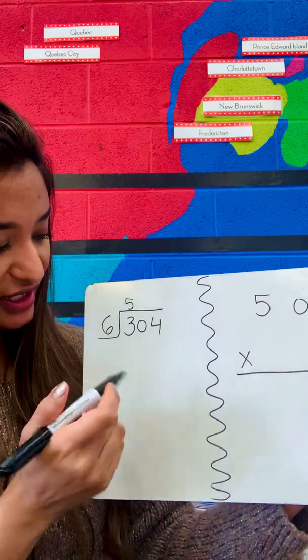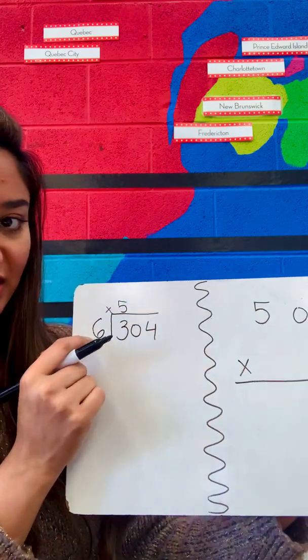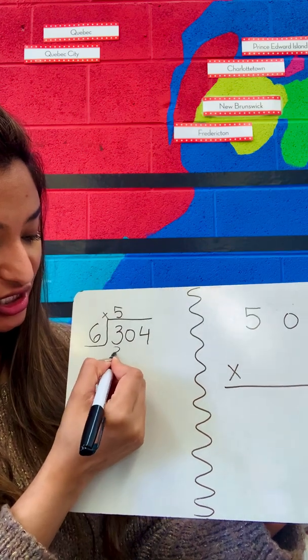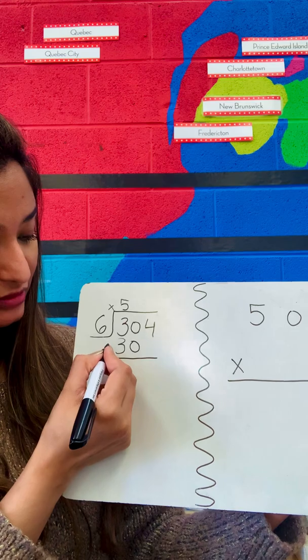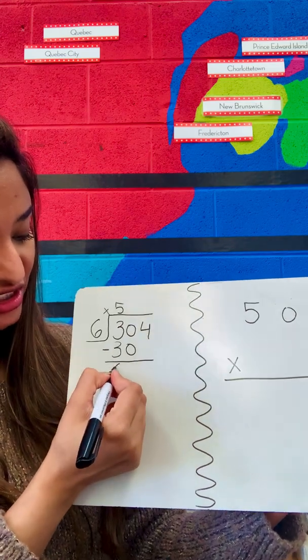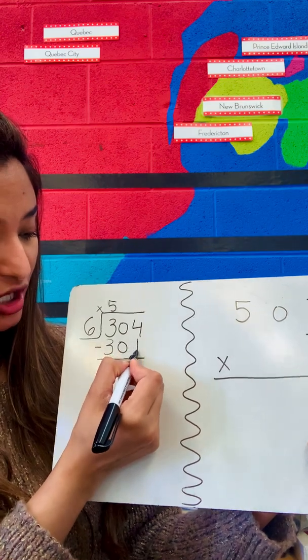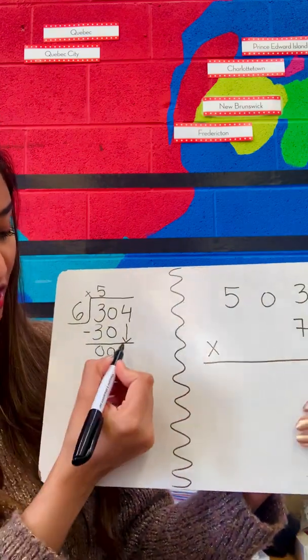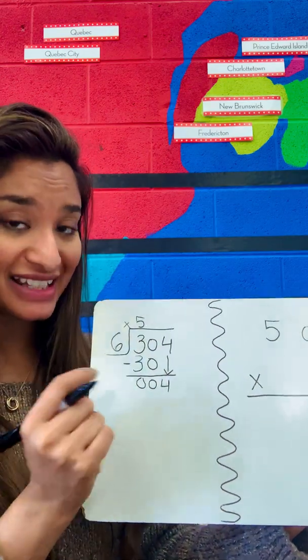Then I multiply these two numbers, right? So 5 times 6 gives me 30, and I write down 30, then I have to subtract. So 30 take away 30 gives me 0. Then I can bring down my 4. I write my 4 down. Now, is 4 big enough for me to divide it by 6?